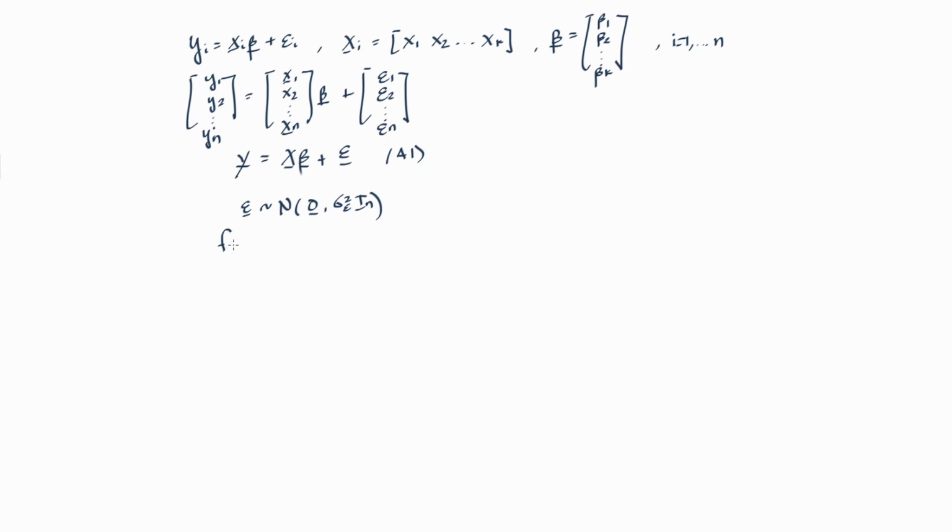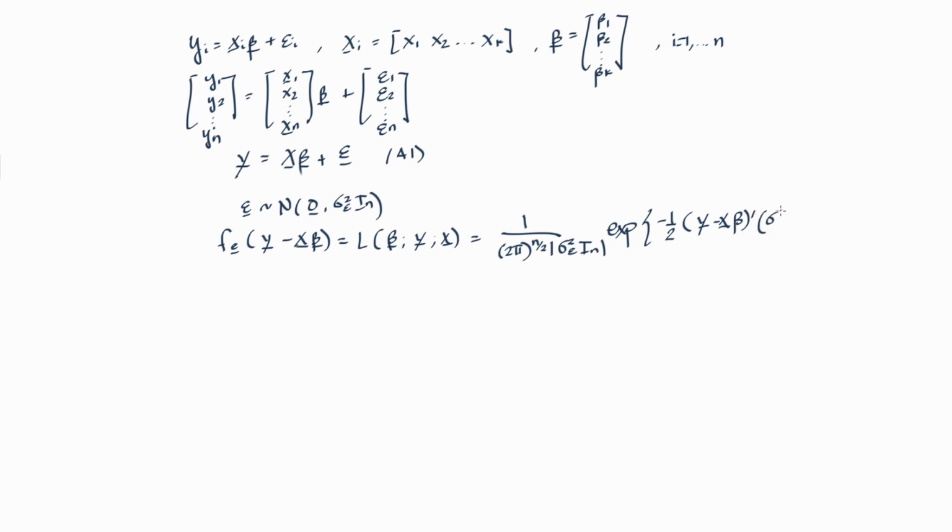Now the PDF of epsilon evaluated at y minus X beta is also the likelihood function, the likelihood of beta given y and X, which is equal to 1 over (2 pi) to the n over 2 times the determinant of sigma squared epsilon I, the variance of the error term, times the exponential of negative 1/2 (y minus X beta) prime (sigma squared epsilon I) inverse (y minus X beta).